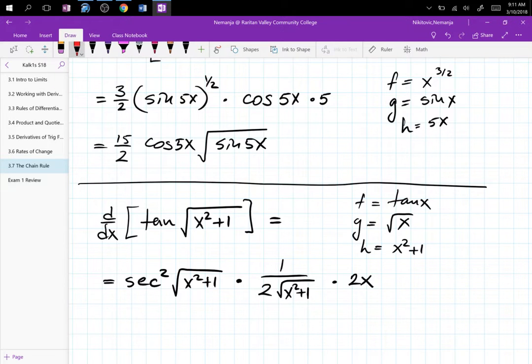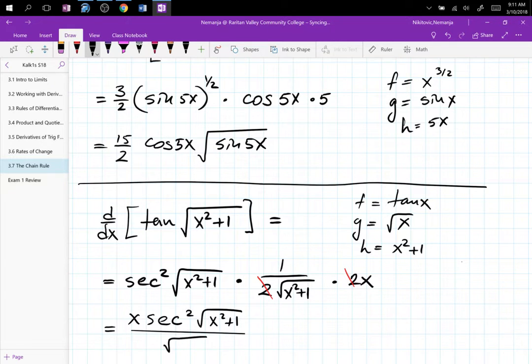Now we see that this 2 dies, and what are we left with? We're left with x secant squared square root of x squared plus 1 divided by the square root of x squared plus 1.